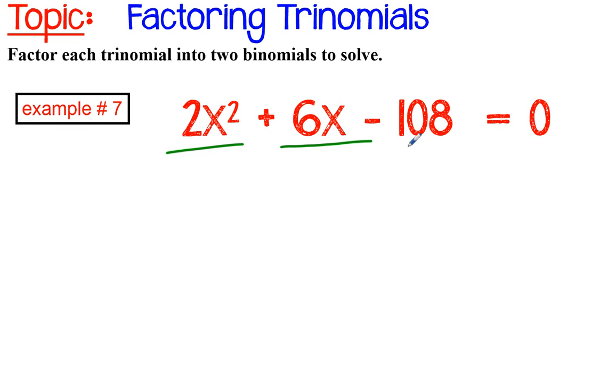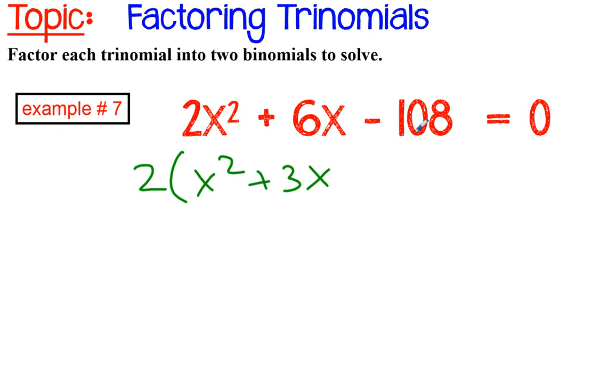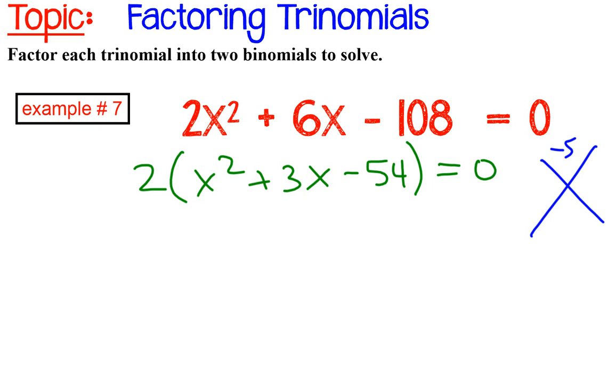All right, let's take a look at this one here. First step, GCF. I'm going to pull out a 2. Oh, I need a calculator for this one. 54. Okay. I need a product of negative 54, but positive 3. All right, here's the trick.